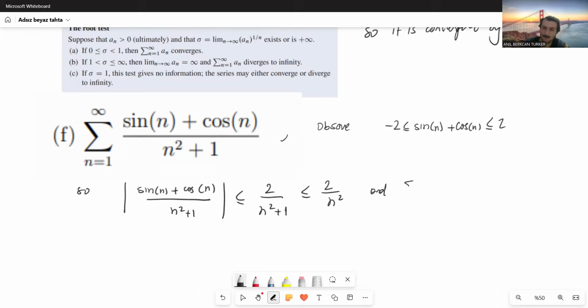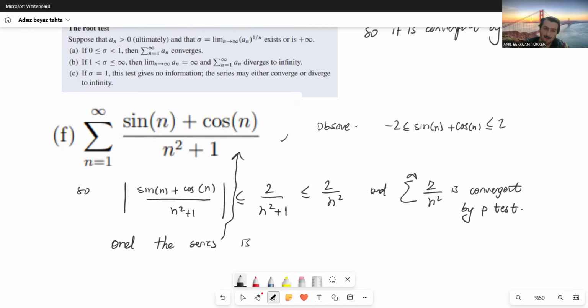And this series is convergent by p-test. And this original series is convergent, absolutely convergent, because we take the absolute value, by comparison test, direct comparison.